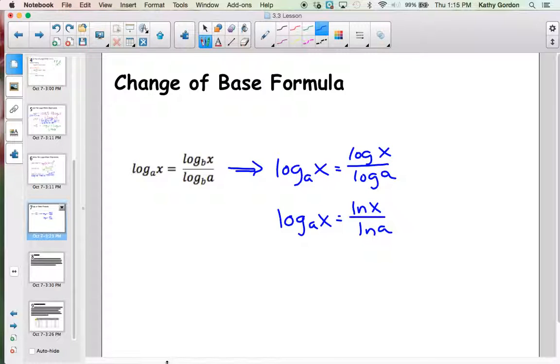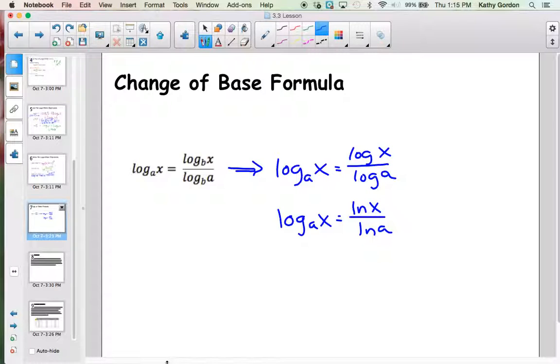And it doesn't matter if I do common log or ln. I can take 25 natural log divided by 6 natural log, and it's still 1.796. So it doesn't matter which one you use as long as you're consistent on the top and the bottom.